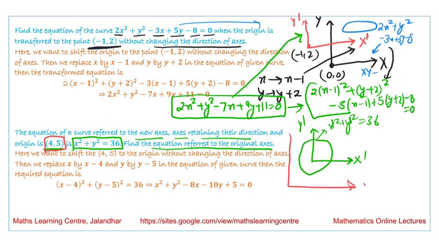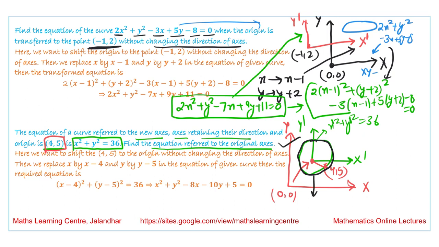The original axes are over there. This is the x axis, this is the y axis, and corresponding to these axes, this point is (4, 5). So we have shifted it to this place. Now we have to calculate the equation of this curve corresponding to the original axes.